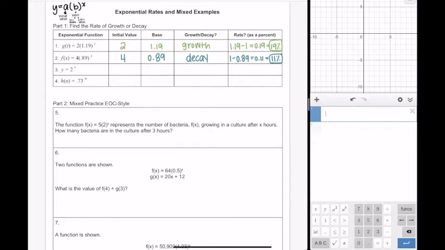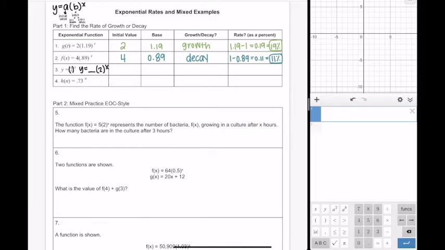All right, in example 3, this one's written a little bit differently, but we can make it look like y equals a times b to the power x. So 2 is what has the exponent, so that is the base. So if our base is 2, what would be the initial value?